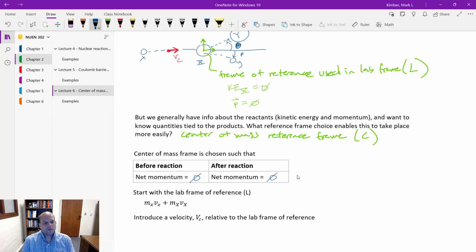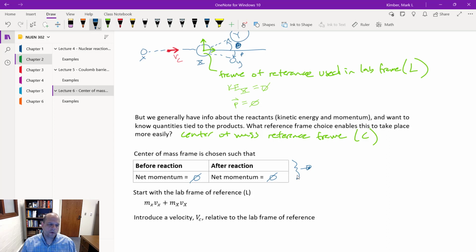And what this does for me is allows me to say that, okay, if I know the ejection angle for the light particle, then the ejection angle for the heavy particle is just going to be exactly opposite that. And this table that we see here, this is the basis for this whole center of mass or center of momentum reference choice.